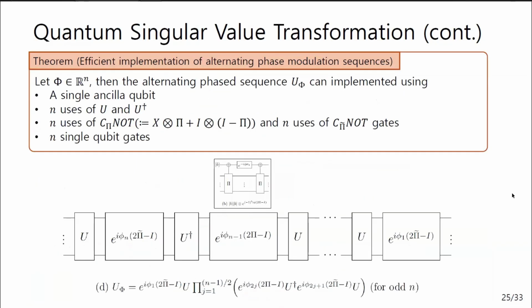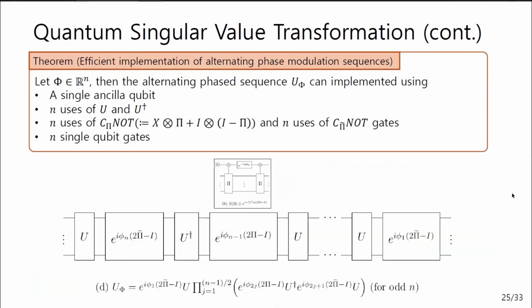And what is the time complexity of this quantum singular value transformation? If we want to apply a polynomial of nth order, then we need the phi, which has length n.